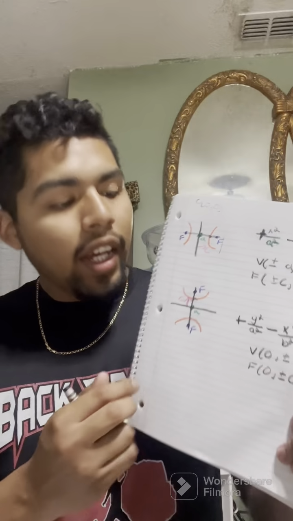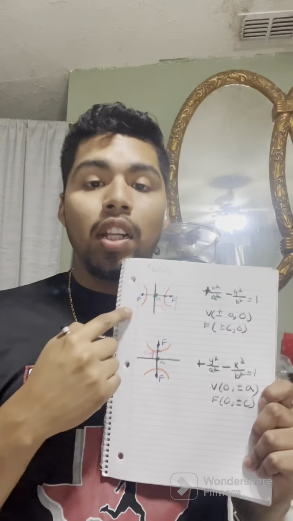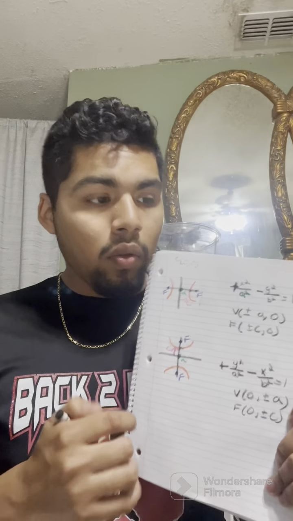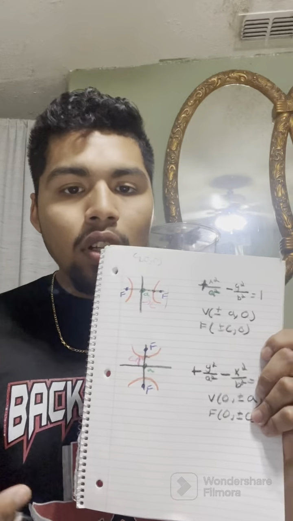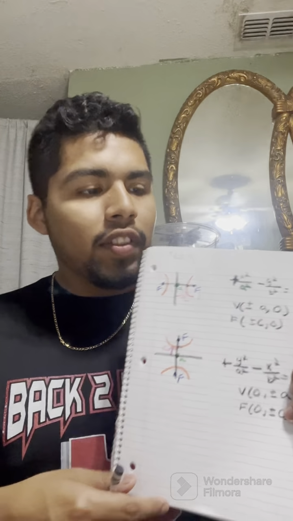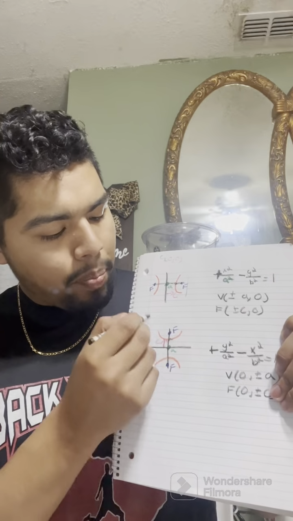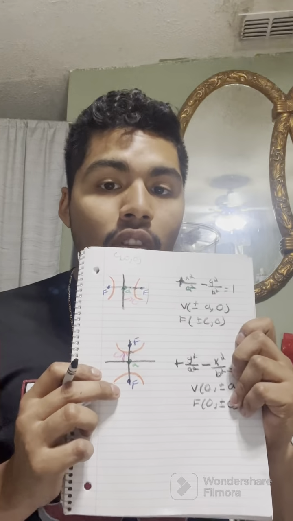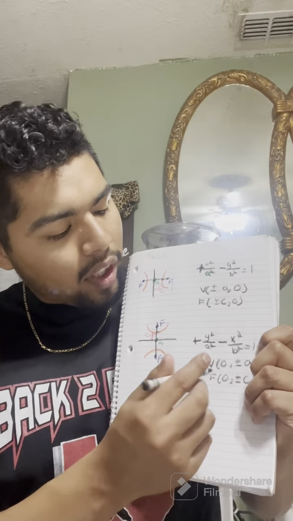So when a squared is under x squared, it's going to open left and right, when there's a positive sign on x squared. When there's a positive sign in front of y squared, it's going to open up and down. And a squared is always under the positive. And then b squared is under the negative term.